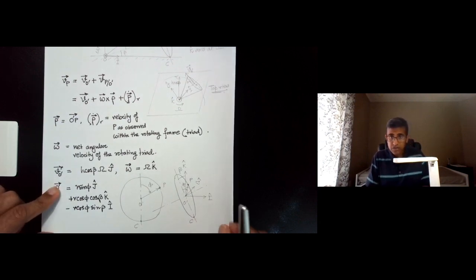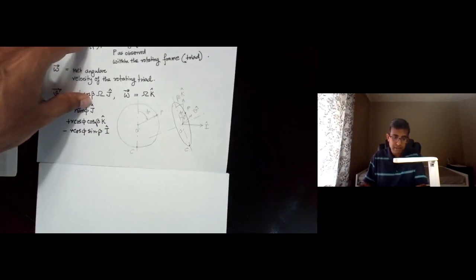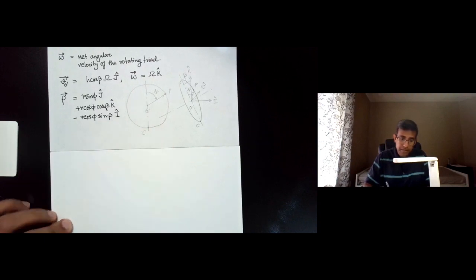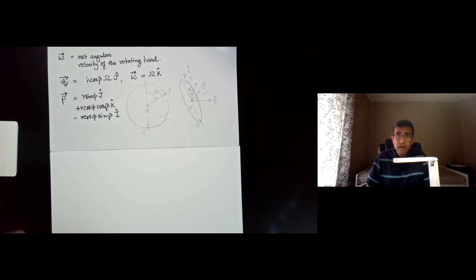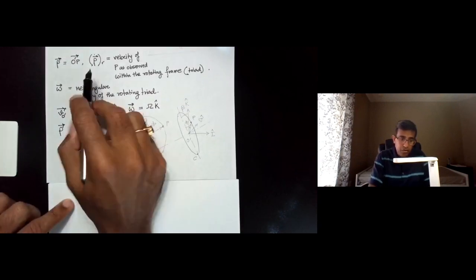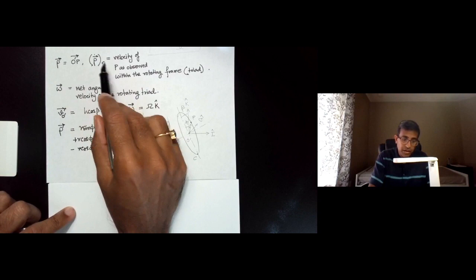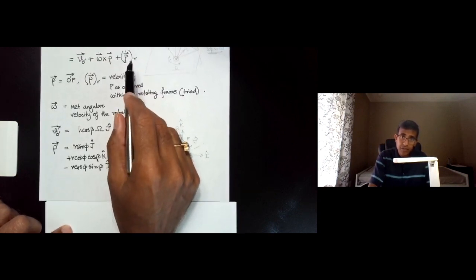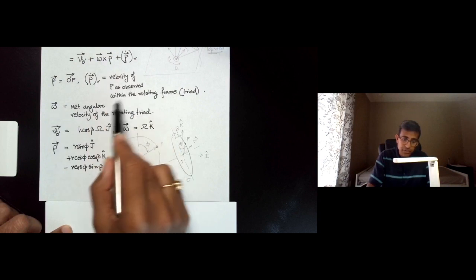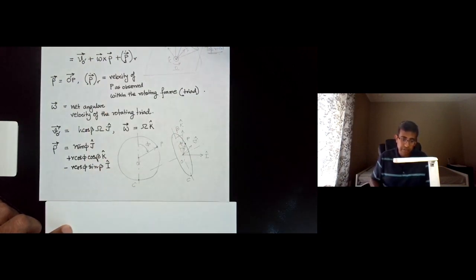All right, so now the next step is going to be to look at rho dot r. Rho dot r, as given over here, is the velocity of P as observed within the rotating frame.